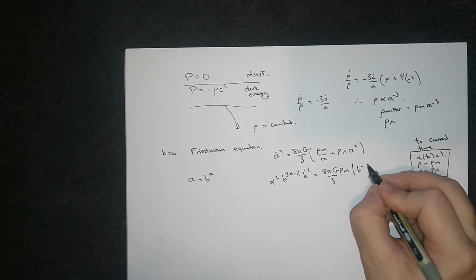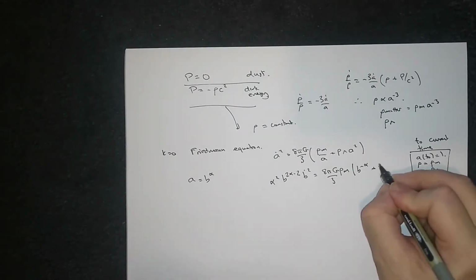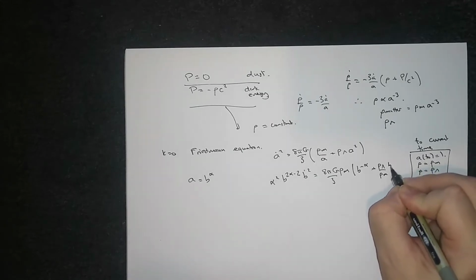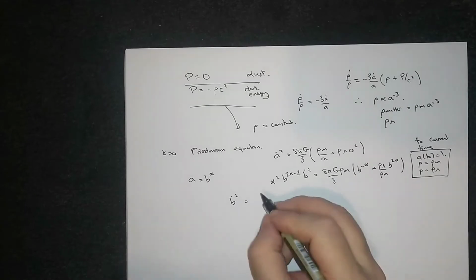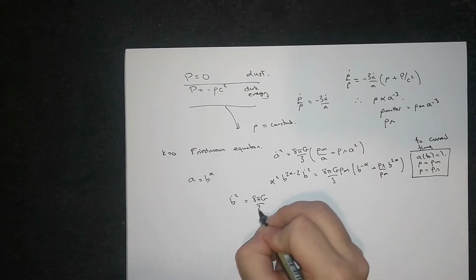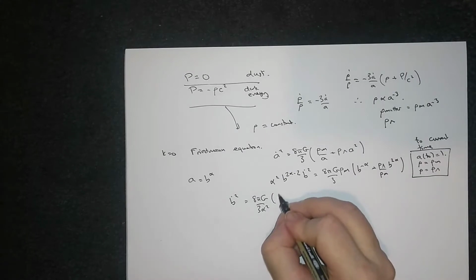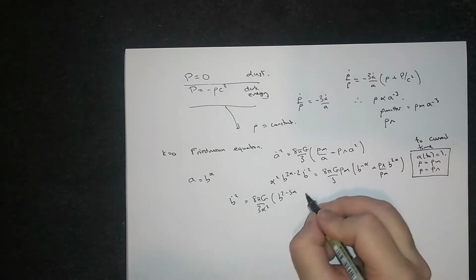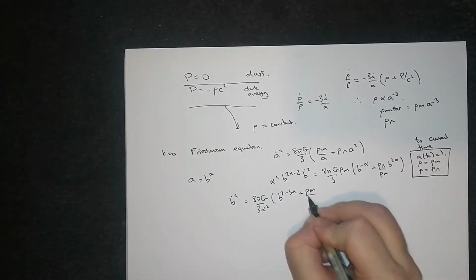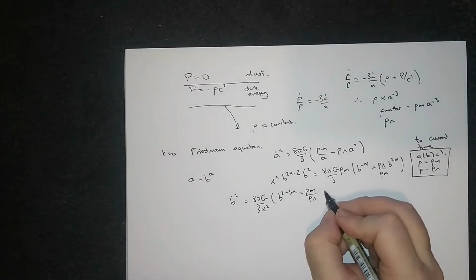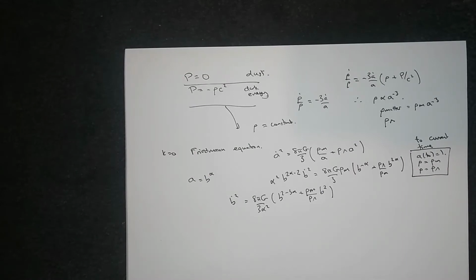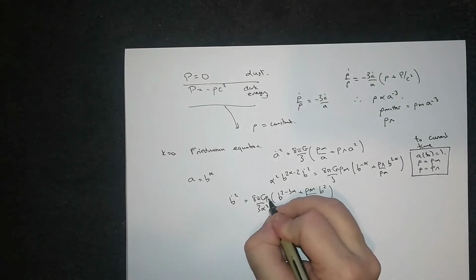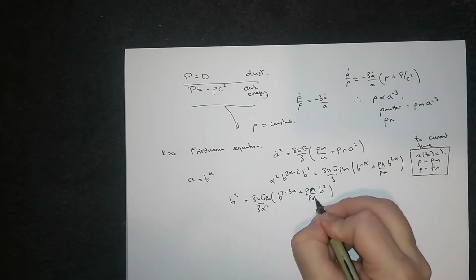We'll have a b to the minus alpha plus rho lambda over rho m, b to the 2 alpha. Or if we rearrange that, b dot squared is 8 pi G over 3 alpha squared, b to the 2 minus 3 alpha plus rho lambda over rho m times b squared. Just check that I've got that around the right way. That should have a rho m there, and that should go the other way.